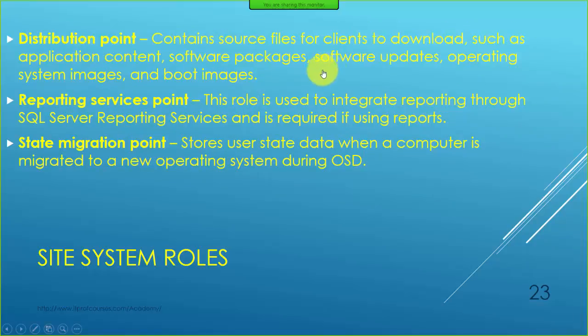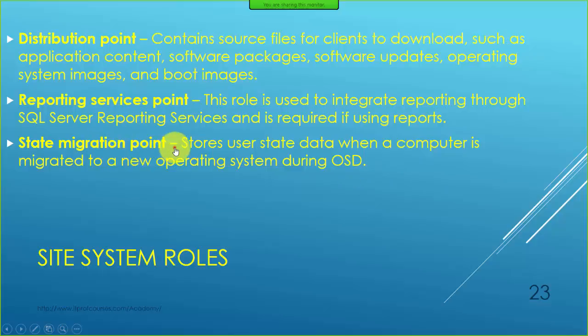Distribution point, we know we can deploy software packages from there. Reporting services, yes, for creating reports. State migration point, I did talk about that before, that when you're migrating from Windows 7 to Windows 8, the user data on Windows 7 is placed temporarily on a network share, and the state migration point provides that share, and then when finally Windows 8 is set up, the user data from that temporary network share is delivered to the Windows 8 area.